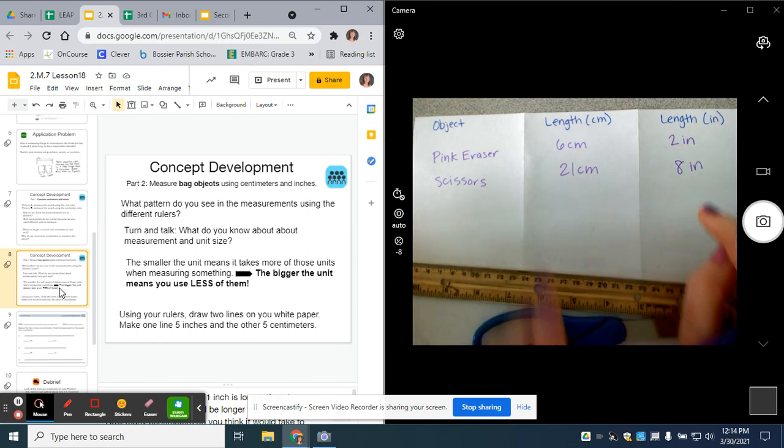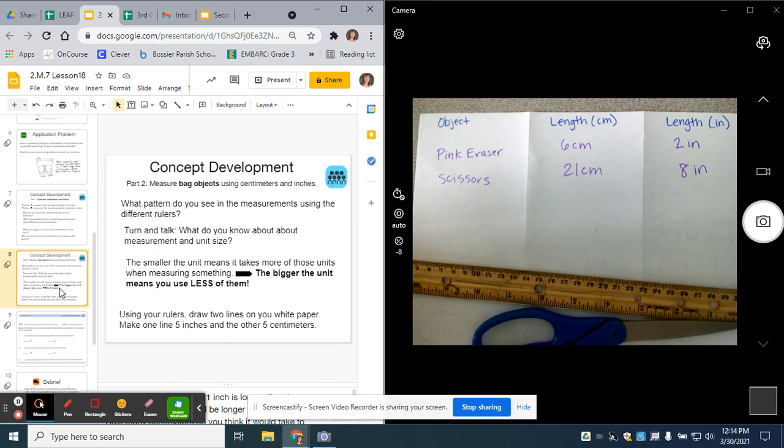The reason is that centimeters are smaller, or inches are bigger. What do you notice is the pattern in this ruler? We know that the units are equal and they have no spaces between each one.